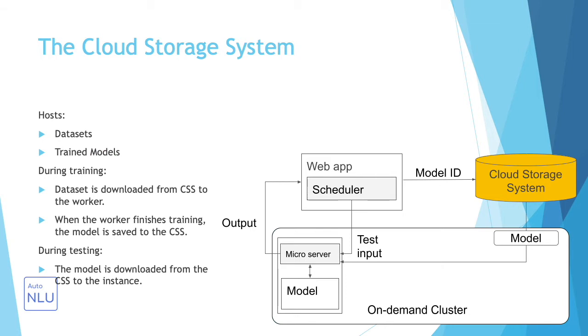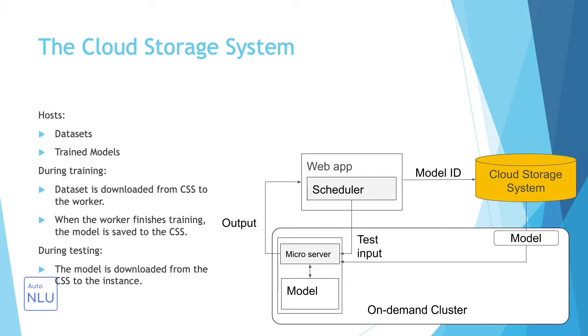The second component in our system is the cloud storage system that hosts the datasets and the trained models. Note that we decouple the storage system from the cluster because we want to host the same dataset for multiple worker instances, and we also want to host the same trained models for multiple worker instances.